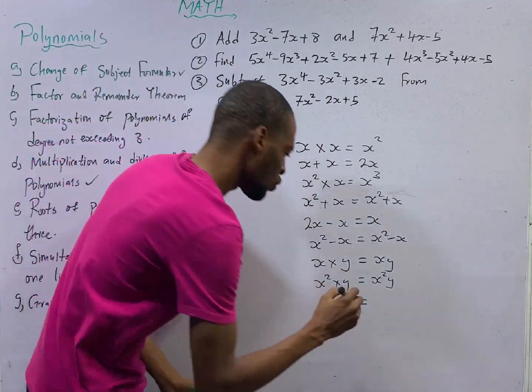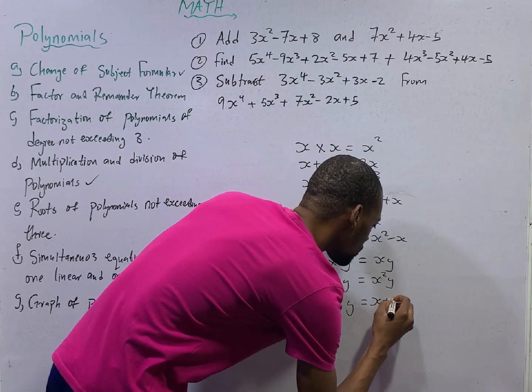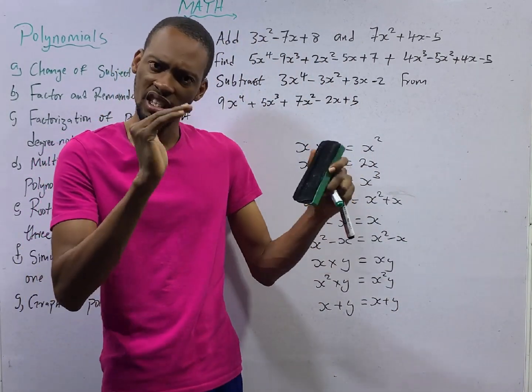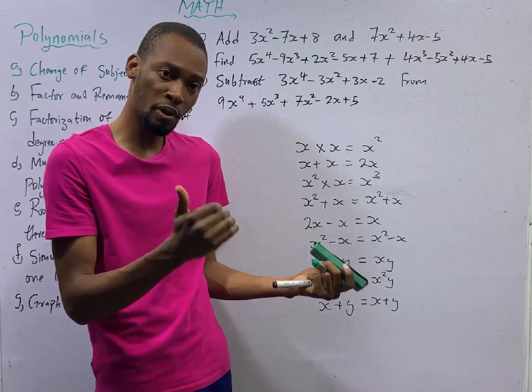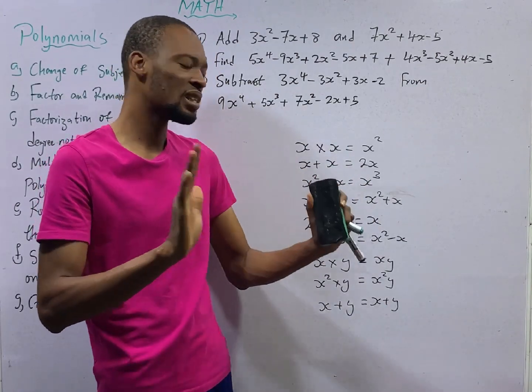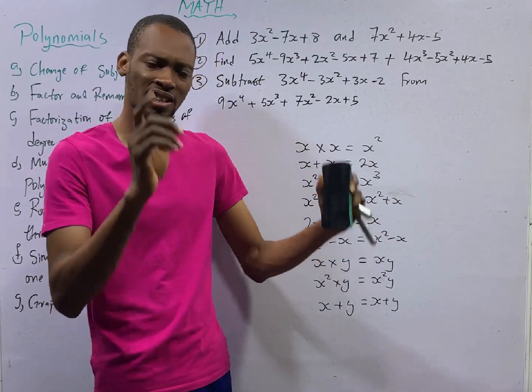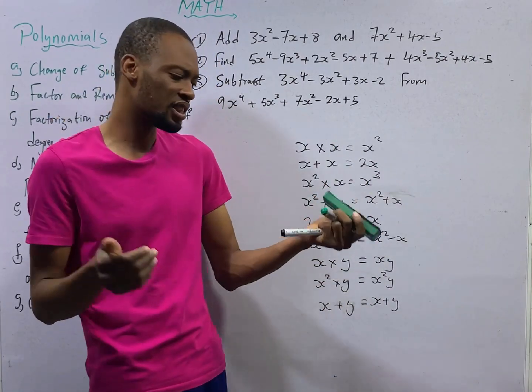No. s plus y is equal to s plus y. You cannot add different variables. a times b is ab, but a plus b remains a plus b. You can't add different variables, and you cannot add or subtract the same variable of different degrees.